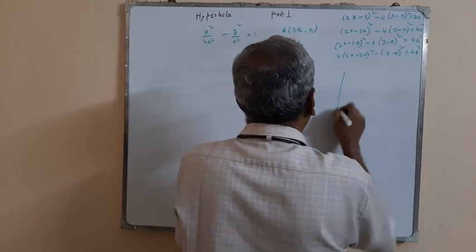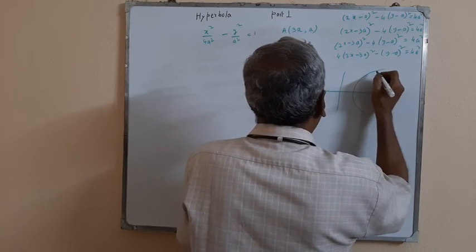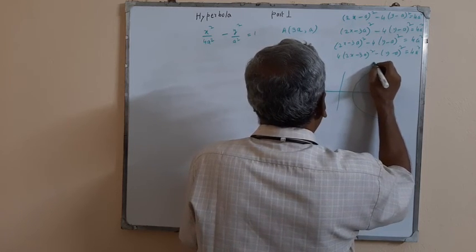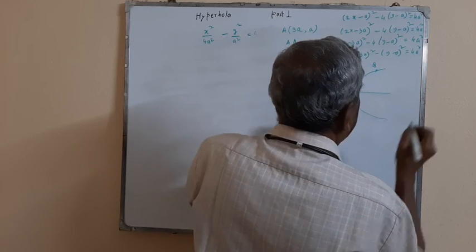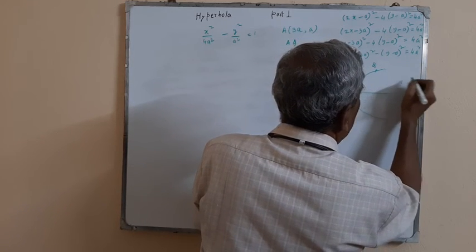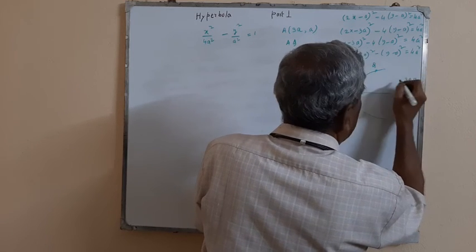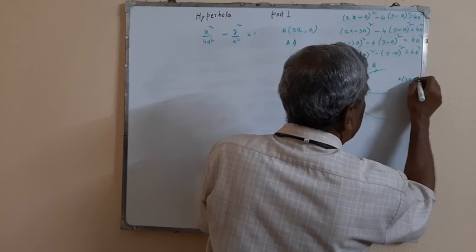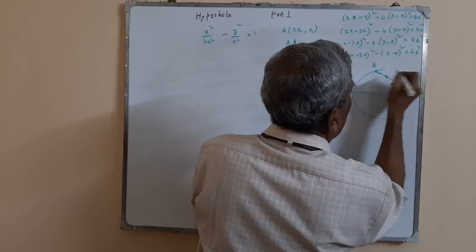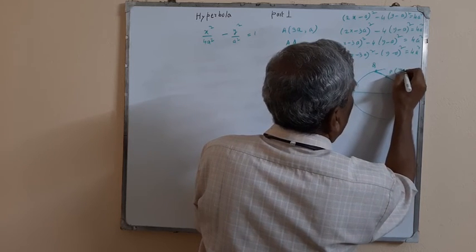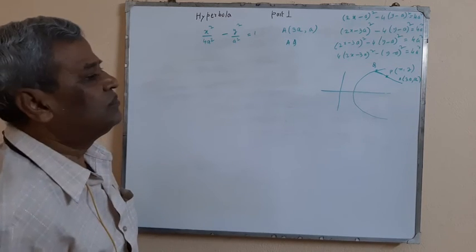Suppose this is a branch of hyperbola and Q is any point on it, and (3a, a) is a fixed point, point A. So this is QA. Suppose its midpoint is P, let it be (x, y). We have to find the locus of P.